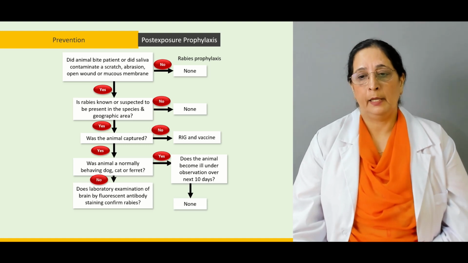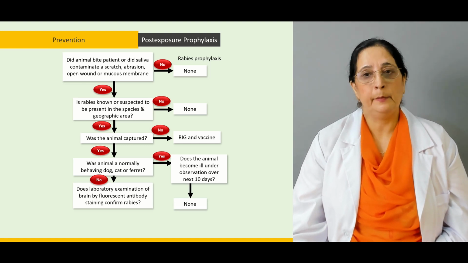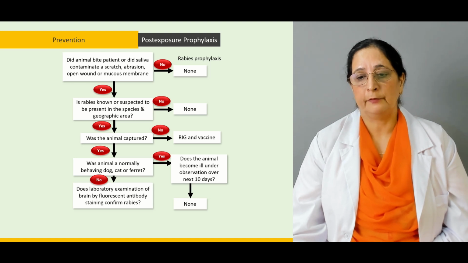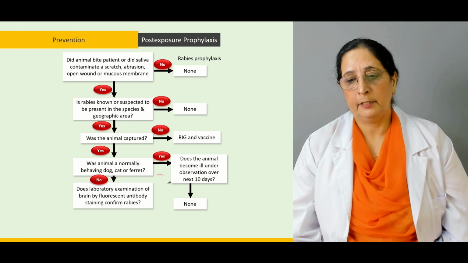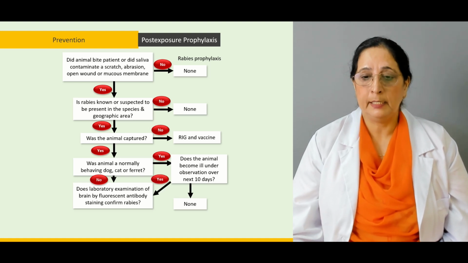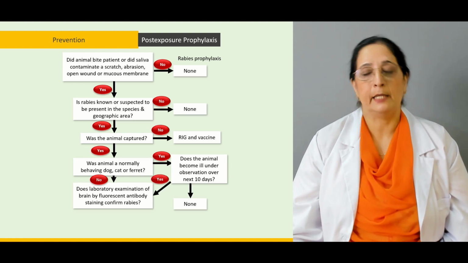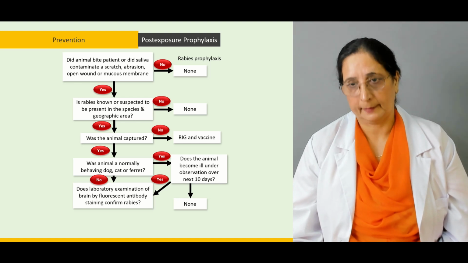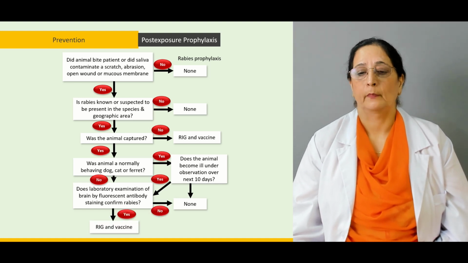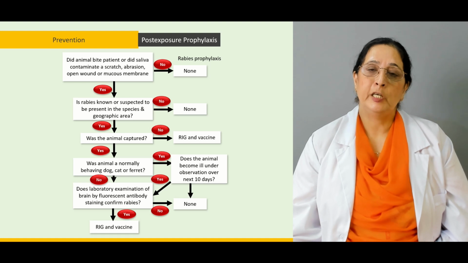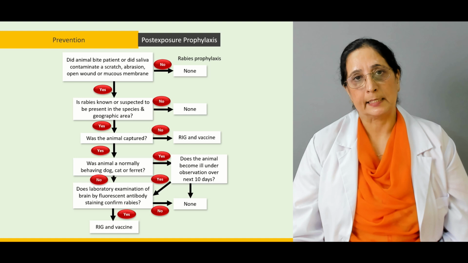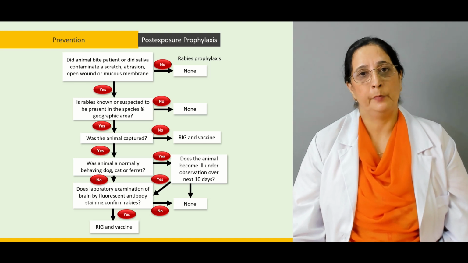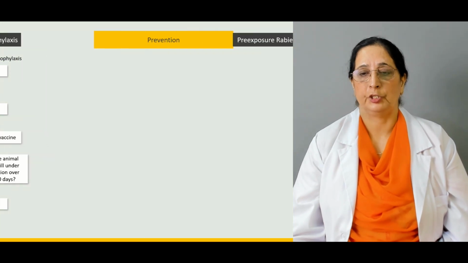If the animal becomes ill under observation over the next days, then we should not give any. If yes, then we should go for the treatment. The treatment is rabies immune globulin and the vaccine. That's the treatment for rabies infection.